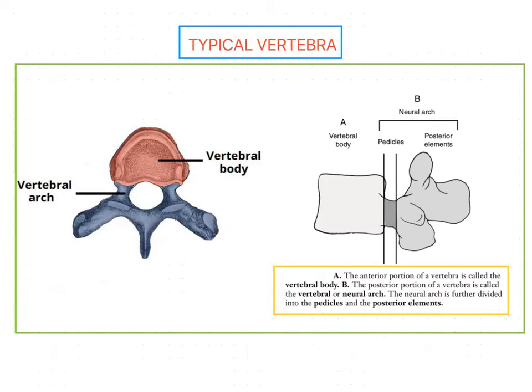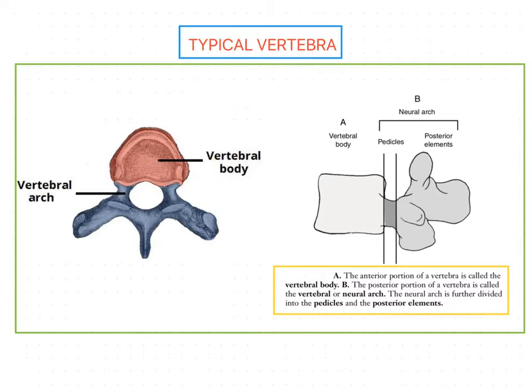Here we have 33 vertebrae in our vertebral column, and most of the vertebrae possess the same type of features, though these vertebrae are present in different regions.